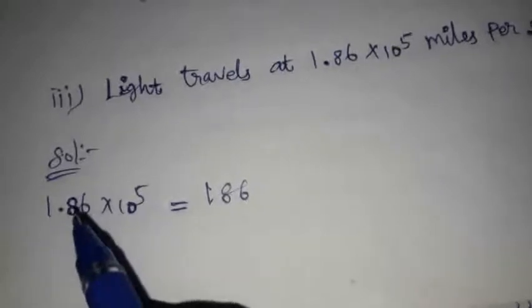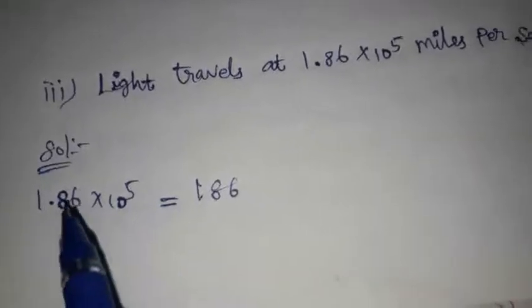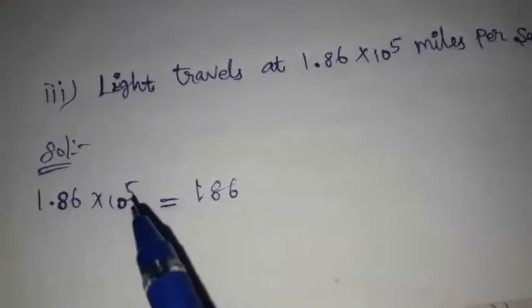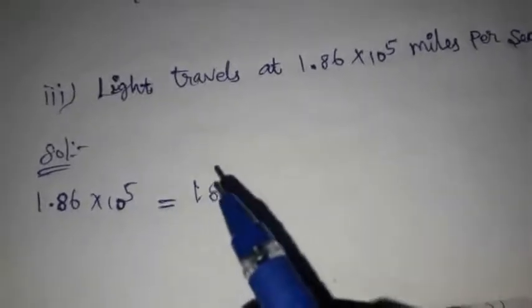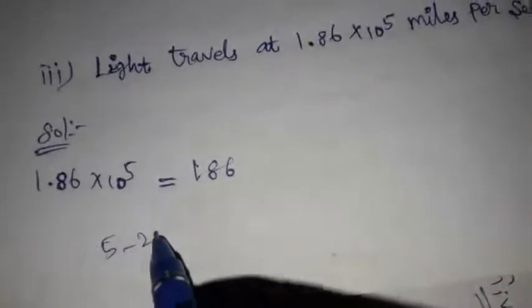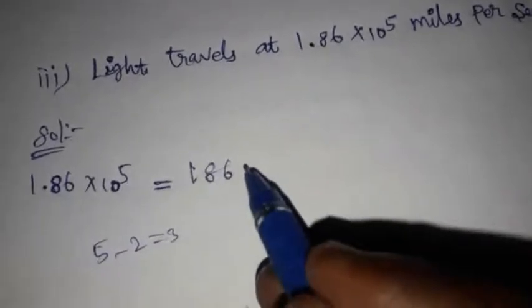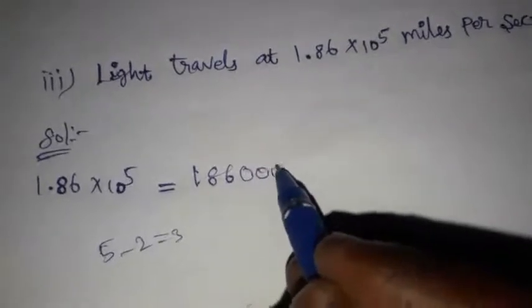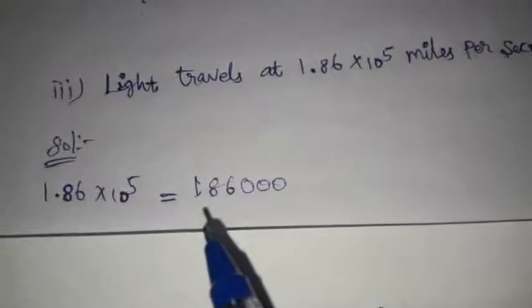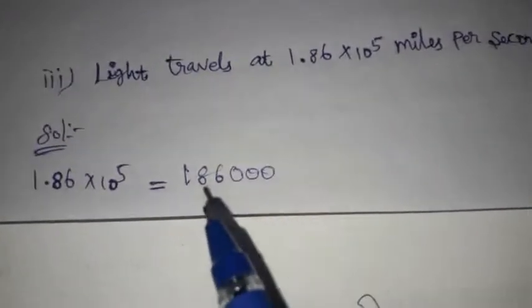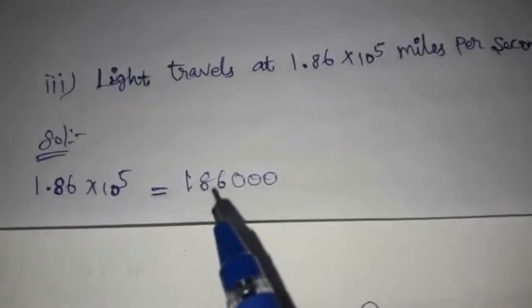That means 2 units after the dot. If you subtract 2 from 5, there is 3. 5 minus 2 equal to 3. So we have to write 3 zeros here. This is the answer for this question. 186,000. That means 1,86,000.